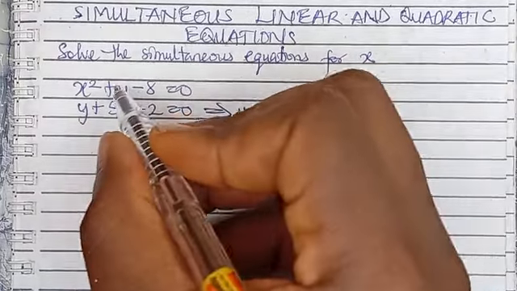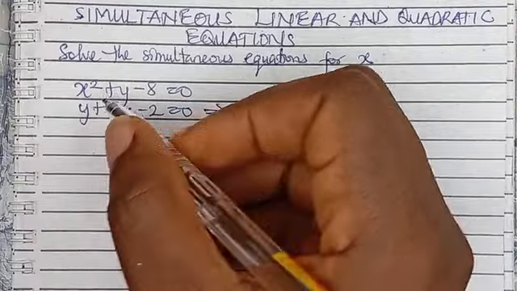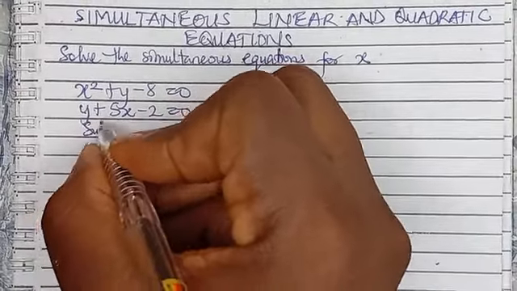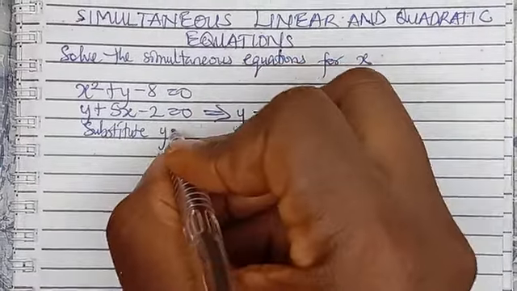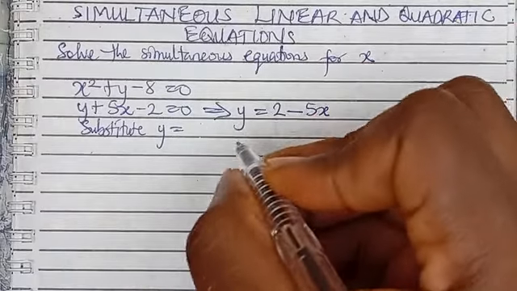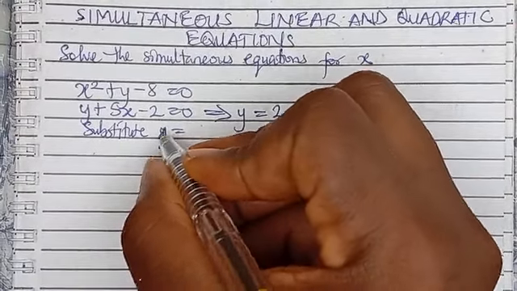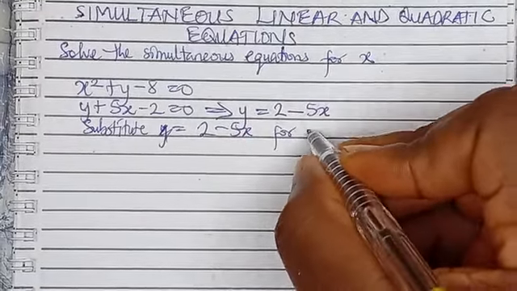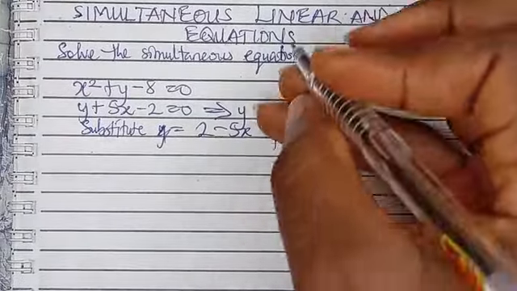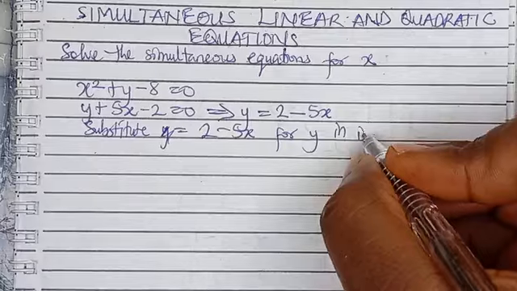I'm going to substitute that into the quadratic equation. So I will say substitute y equal 2 minus 5x for y in the quadratic equation.